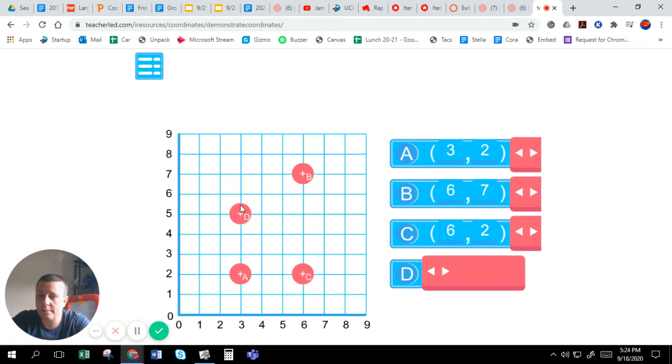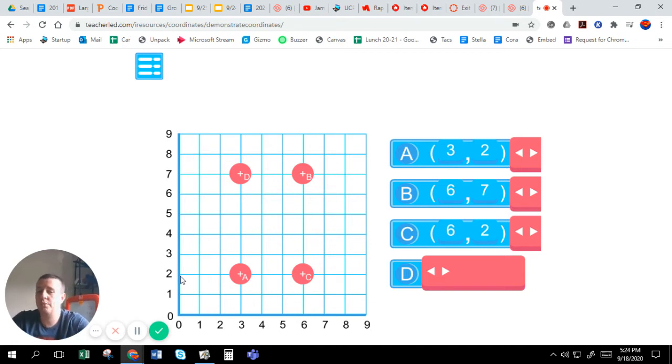Taking a look right there, now I've got 4 spots. The top line and the bottom line, those imaginary lines, look like they would be parallel. And my vertical lines over here also look like they'd be parallel. So that'd be one way to build a rectangle, by plotting it out.